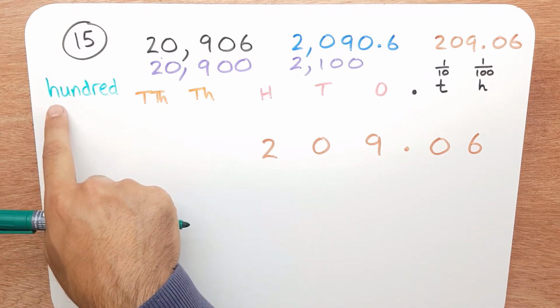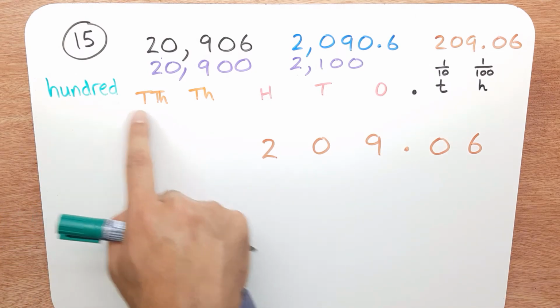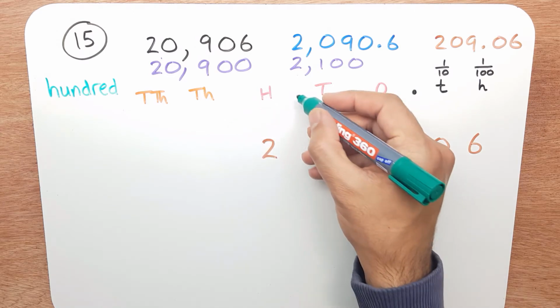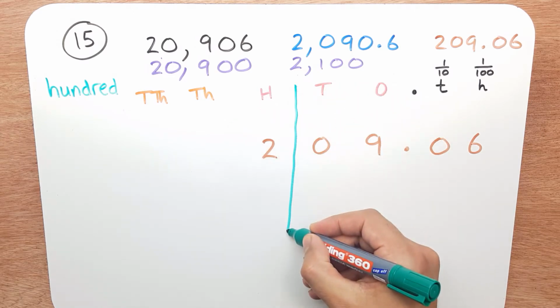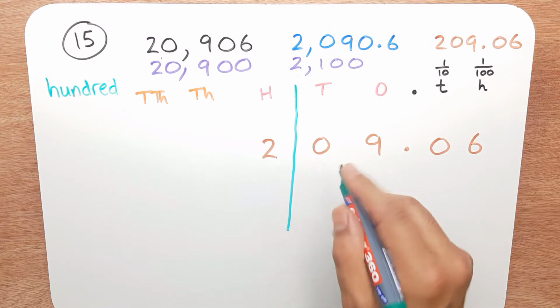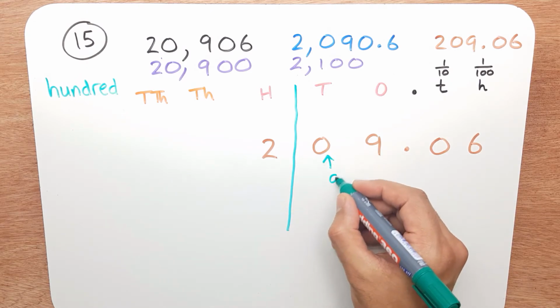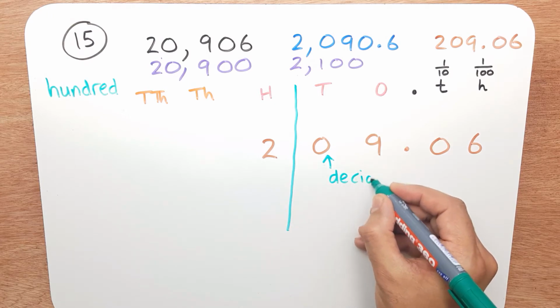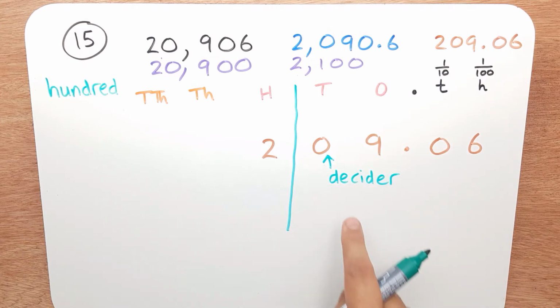As before, because we're going to round up to the nearest 100, we go to the hundreds column and put a line to the right. And the number to the right of that line is called our decider. And again, it has 2 rules. Can you remember them?